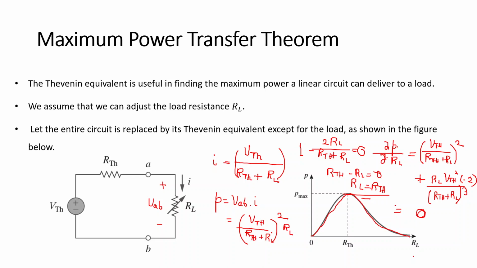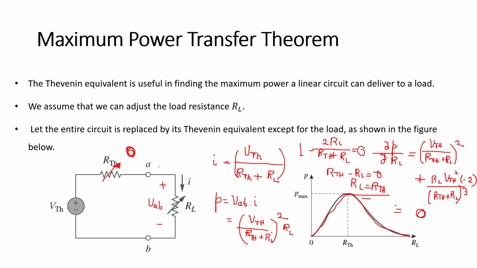Now, instead of varying the load resistance, if we vary the Thevenin resistance by some means, when will the maximum power transfer take place? It will be when RTH is 0. When it is 0, the maximum voltage will come across the load resistance, and hence the power transfer will be maximum.